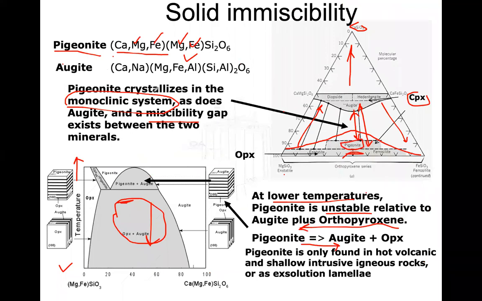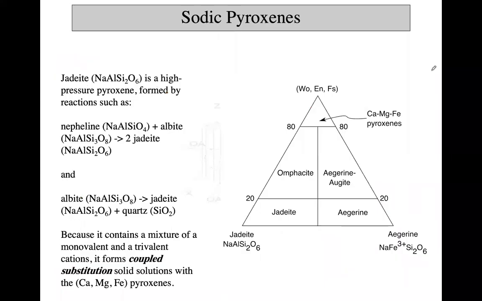Those types of pyroxenes we call sodic pyroxene. So it's a separate group. In these sodic pyroxenes, the sodium component is pretty high under high pressure conditions, that means in subduction zones mainly.